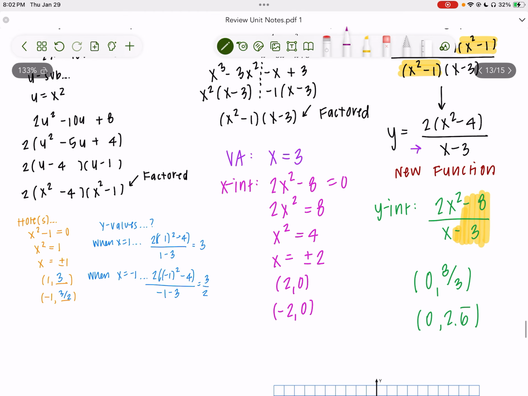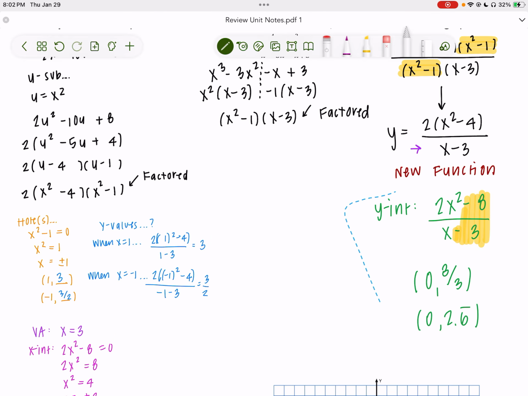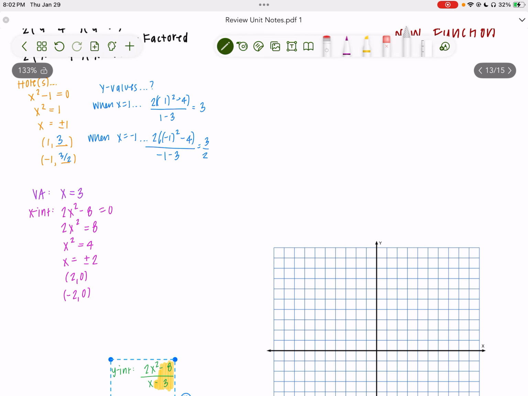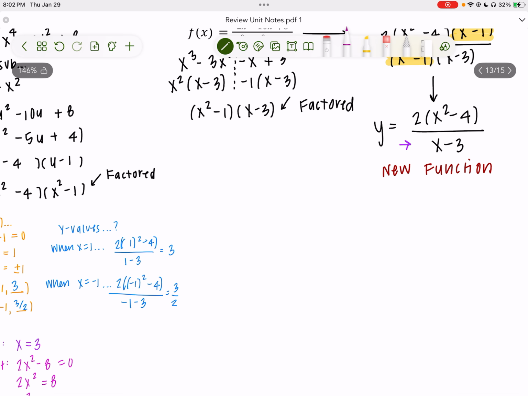Let me shrink this also a little bit so we can move it out of the way. That way I have the function right in front of me. So now we're going to work with our slant asymptote.